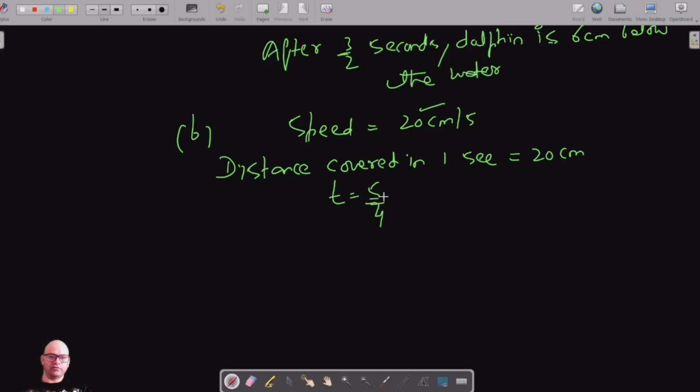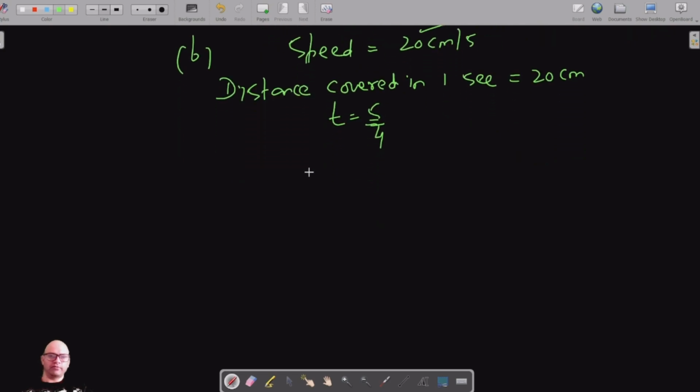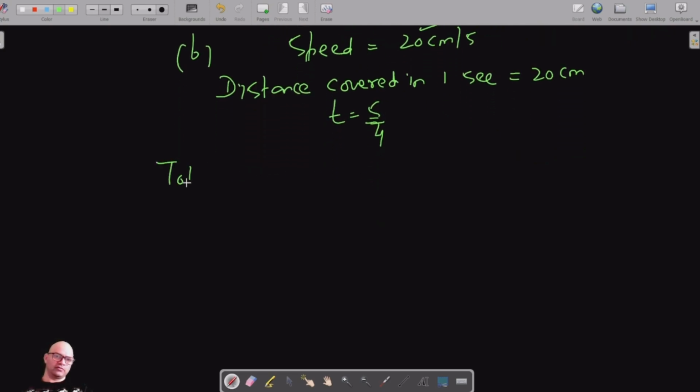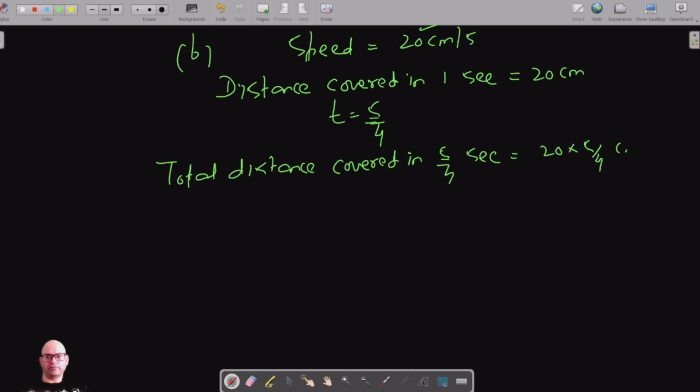We have to find the total distance covered in 5 by 4 seconds. So the total distance covered in 5 by 4 seconds is equal to 20 into 5 by 4 centimeter, which would be 25 centimeter.